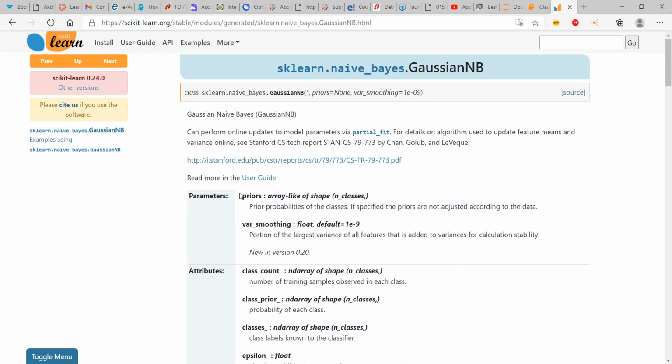The only hyperparameter you have is the specification of the priors of the classes, the prior probability of the classes. Sklearn does not even expect you to pass the value of k. It is automatically calculated by sklearn, depending on your size of the data.